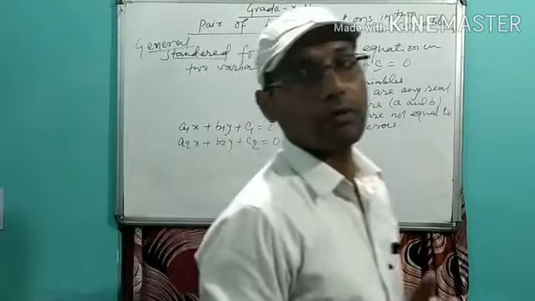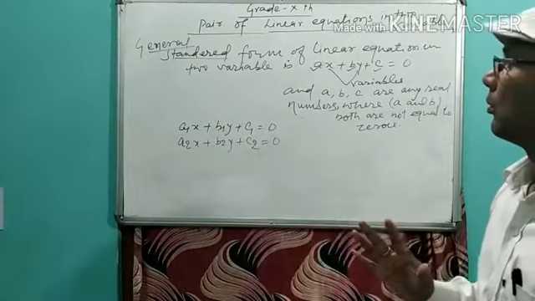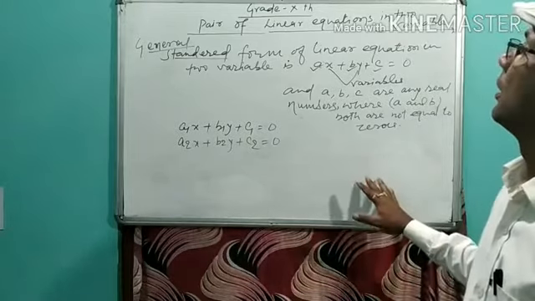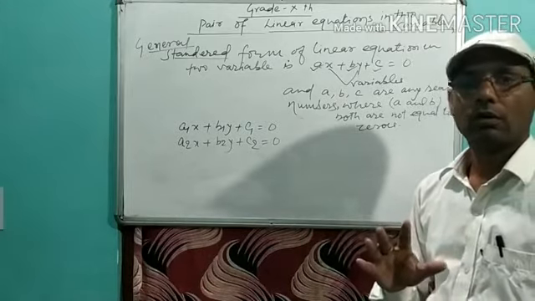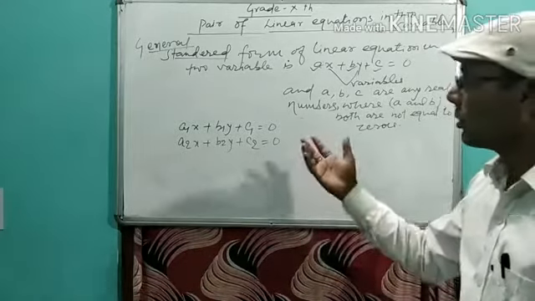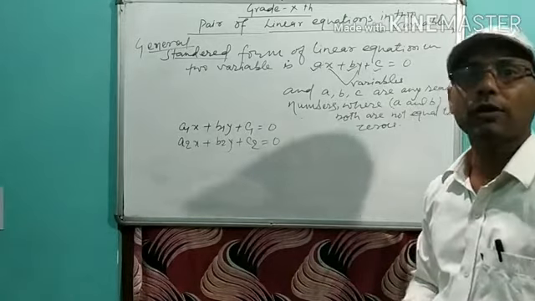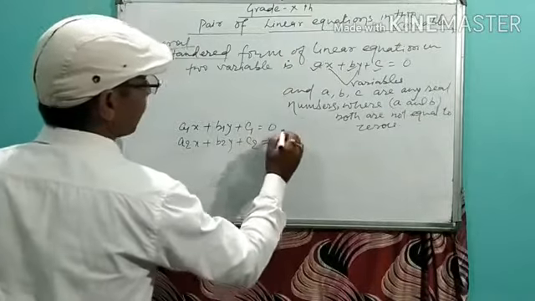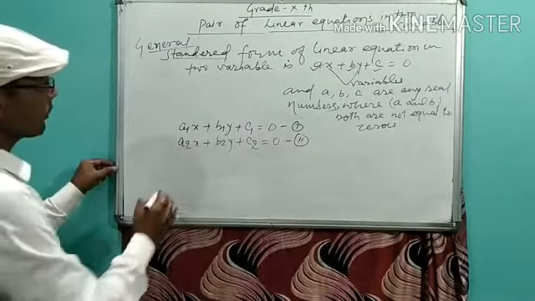At first, I have to know about the questions and solutions which are on the basis of the linear equation in two variables. Suppose we are going to compare, this is equation 1, this is equation 2.